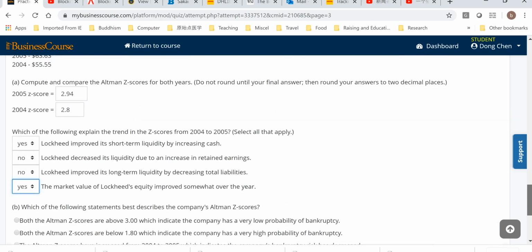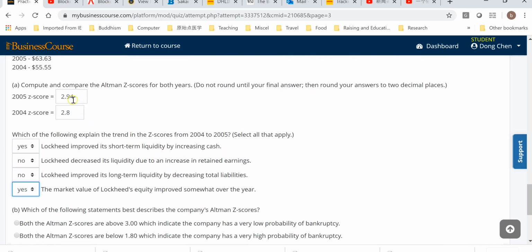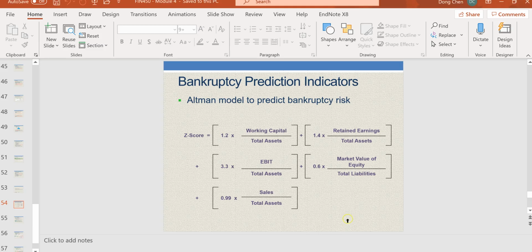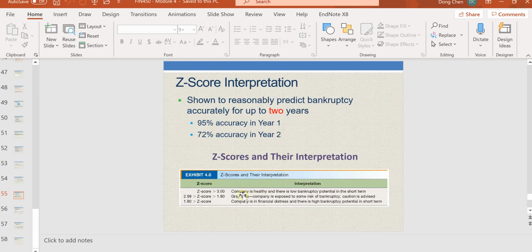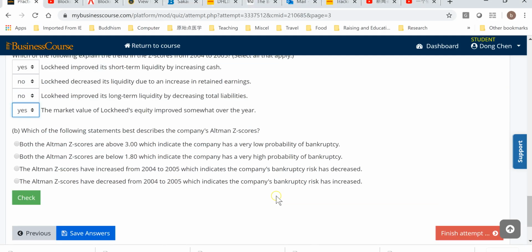The cutoff number for a company to have what we call a healthy bankruptcy risk is that this score is greater than 3. This company is slightly below 3, but it's still okay. It's in the gray area.